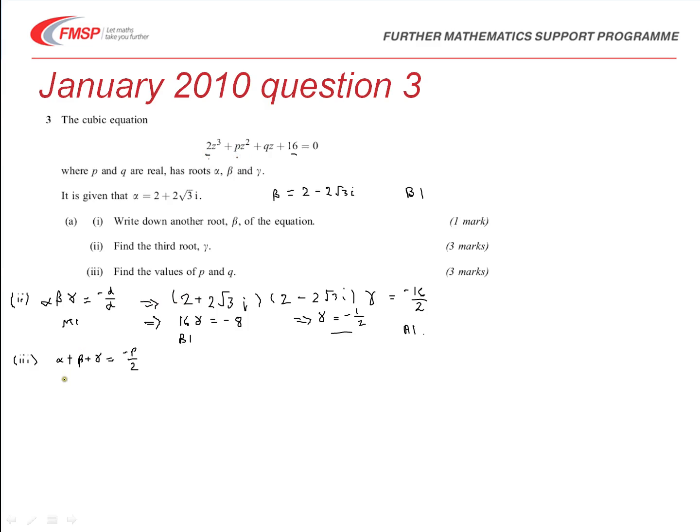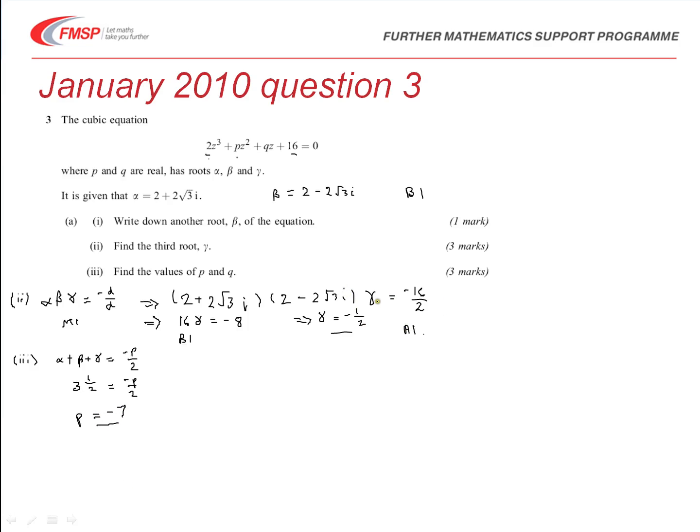Alpha plus beta is 2 plus 2 root 3i and 2 minus 2 root 3i, so the imaginary parts disappear, and alpha and beta add up to 4. And gamma was negative 1/2, so this becomes 3.5, equals negative p over 2. Rearranging, 2 times 3.5 is 7, and to make the p positive, it must become negative 7. So that's my value of p.